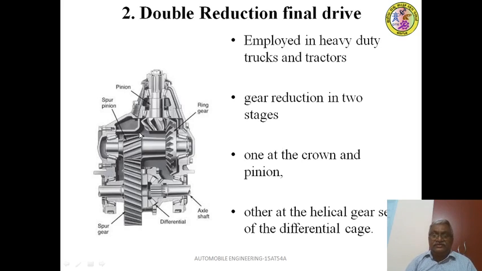We know that the word tractor is derived from two words, traction and motor. What is traction? Traction is the ability of road wheels to transmit the tractive effort without any slippage.